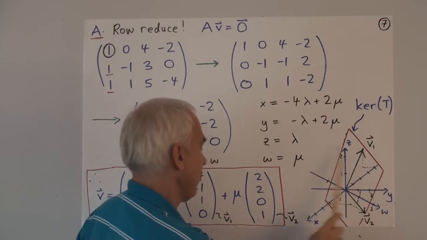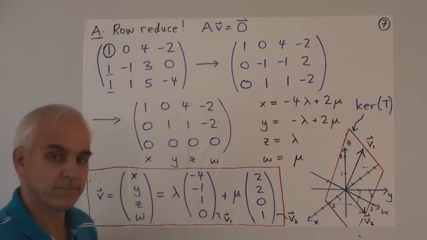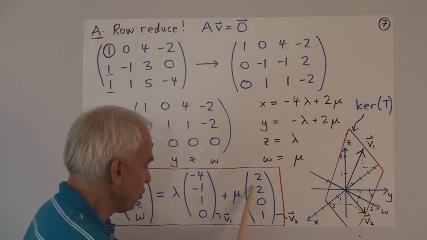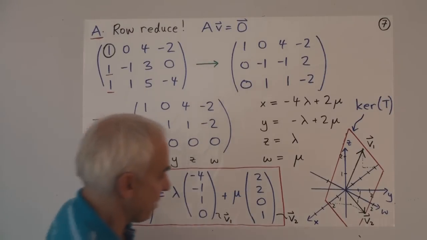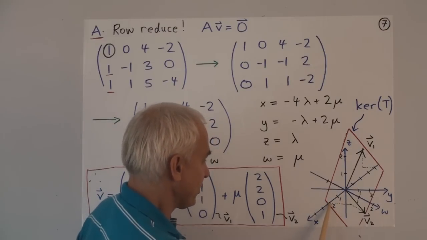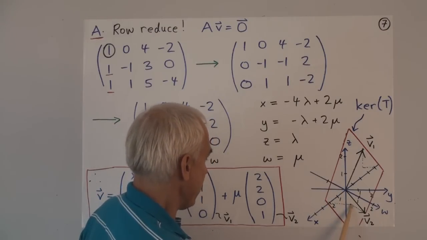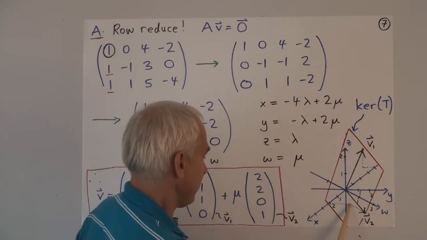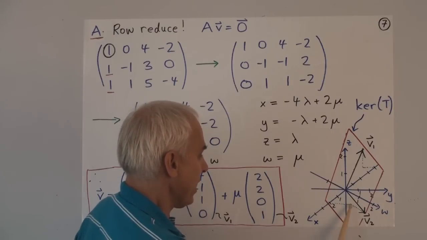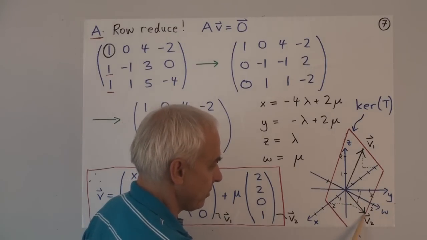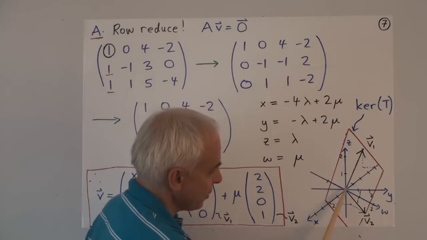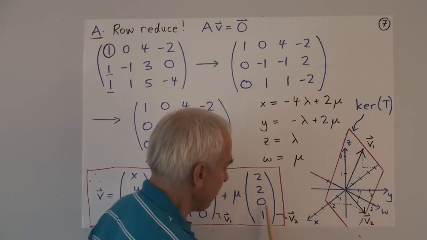So that's the vector v1, that one there. And the vector 2, 2, 0, 1, it would be represented by going 2 in the x direction, 2 in the y direction, 0 in the z direction, and then 1 in the w direction. That's down there. So that vector there, that's the vector v2.